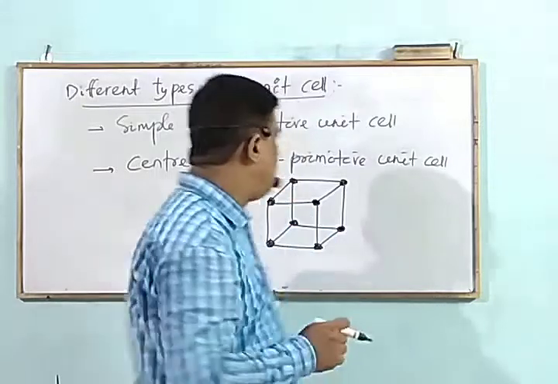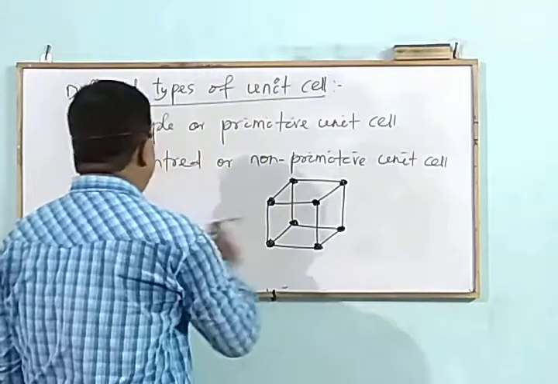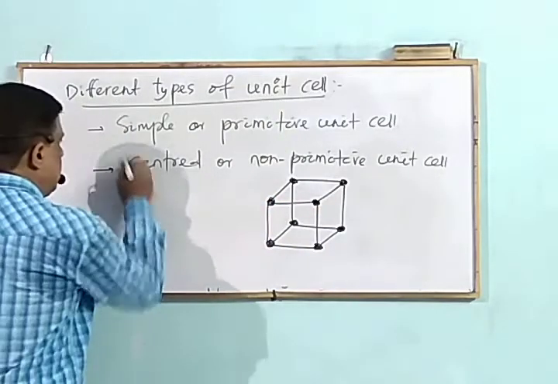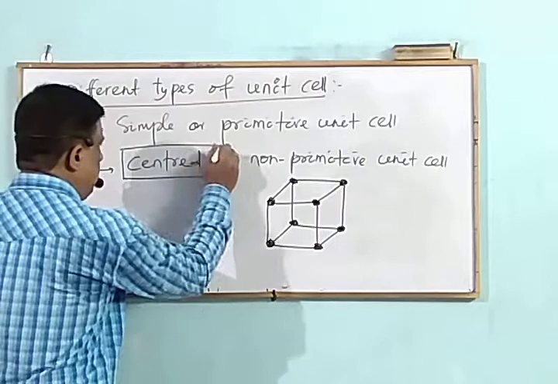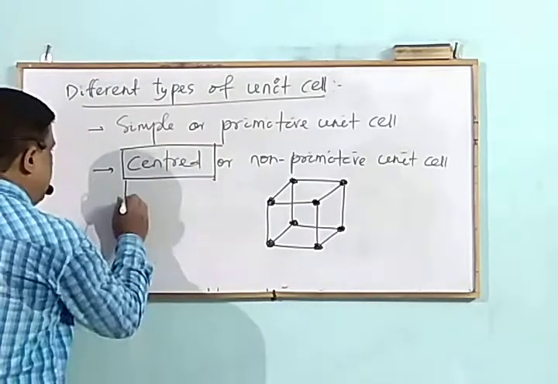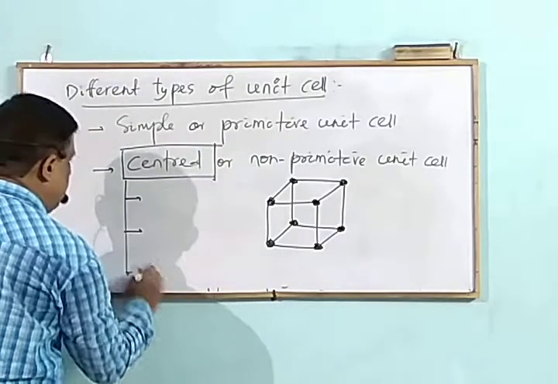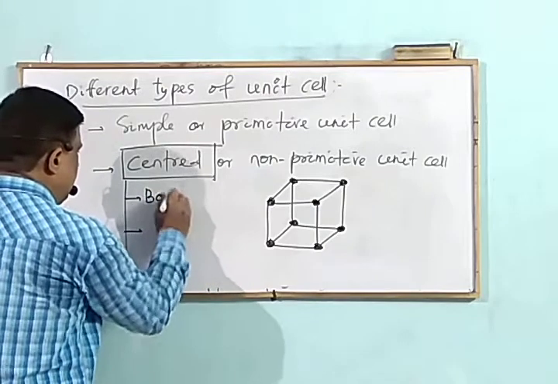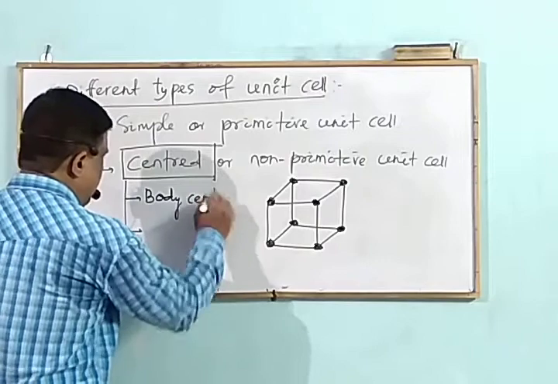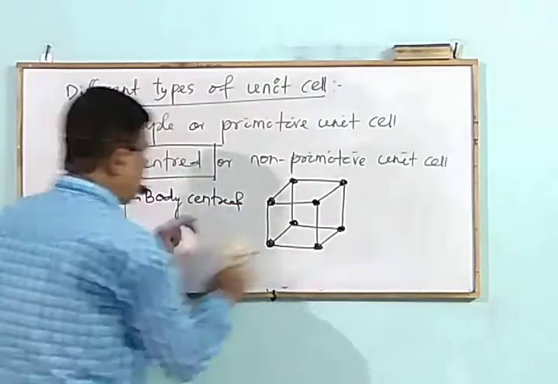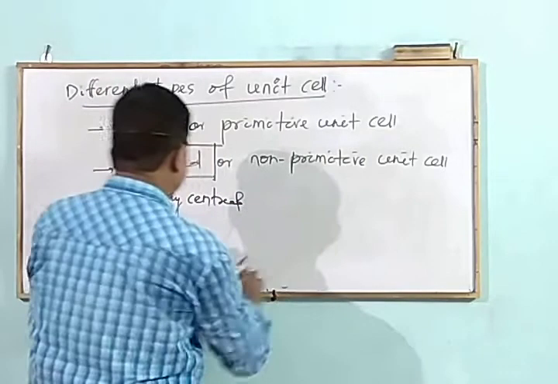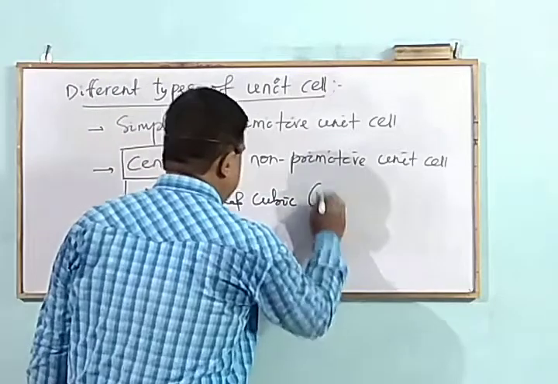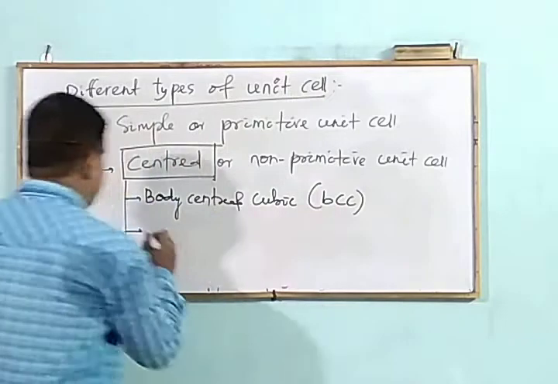Depending upon that, the centered or non-primitive unit cell is again classified into 3 types. That means body centered cubic unit cell, that is BCC.